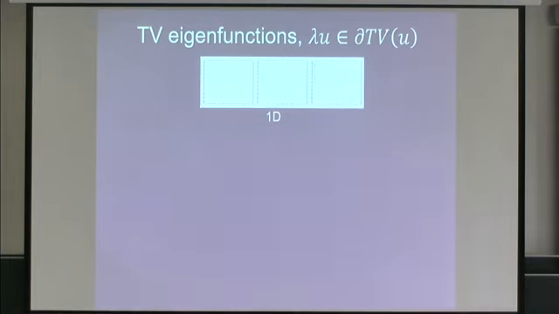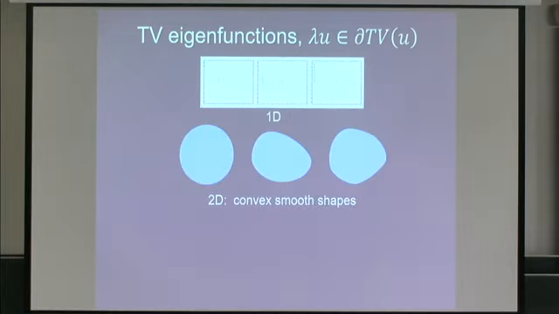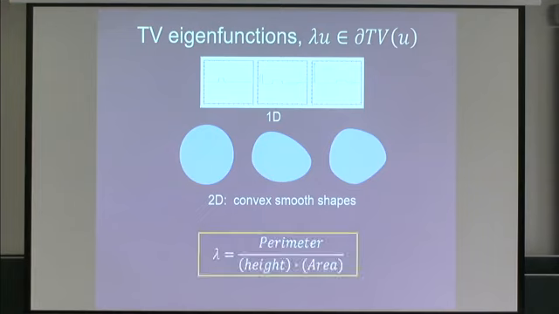So what are the eigenfunctions of TV? There is a theory, so from 2000 already, of this in 1D, for instance, and in 2D all sorts of these convex blobs, which have some very specific geometric description, and the eigenvalue is exactly the perimeter divided by the height and the area.